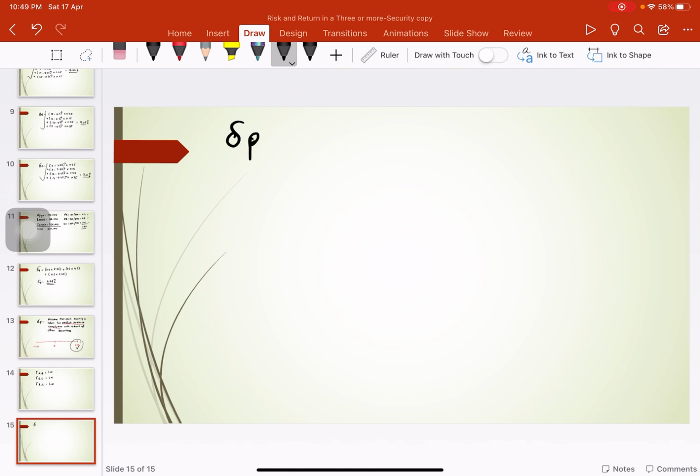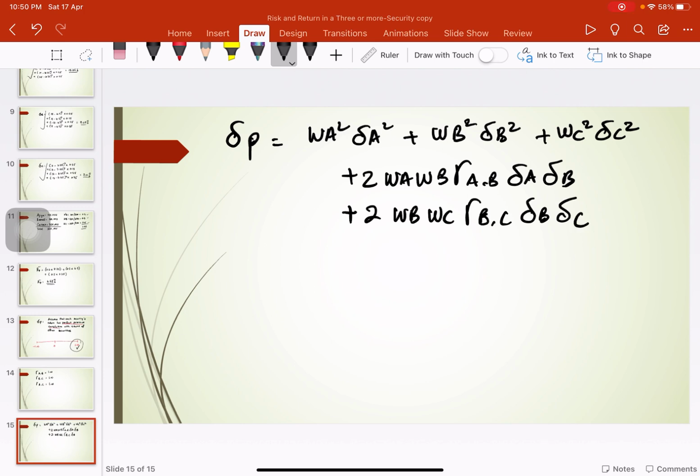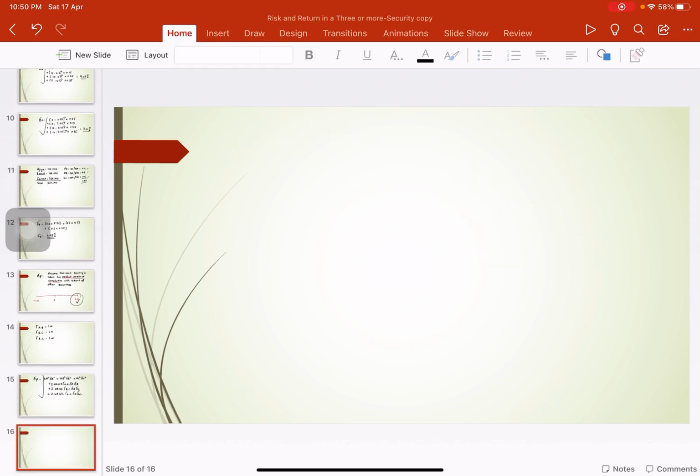Kita laju-laju, weight A square, variance A. Okay, plus weight B square times variance B. Plus weight C square, variance C. Okay, plus 2 weight A, weight B, correlation AB times standard A times standard B. Plus 2 weight B, weight C, correlation between B and C times standard B times standard C. And then plus the last pair, 2 weight A, weight C, correlation between asset A and C times standard A times standard C. And then square root. Okay. Next slide.